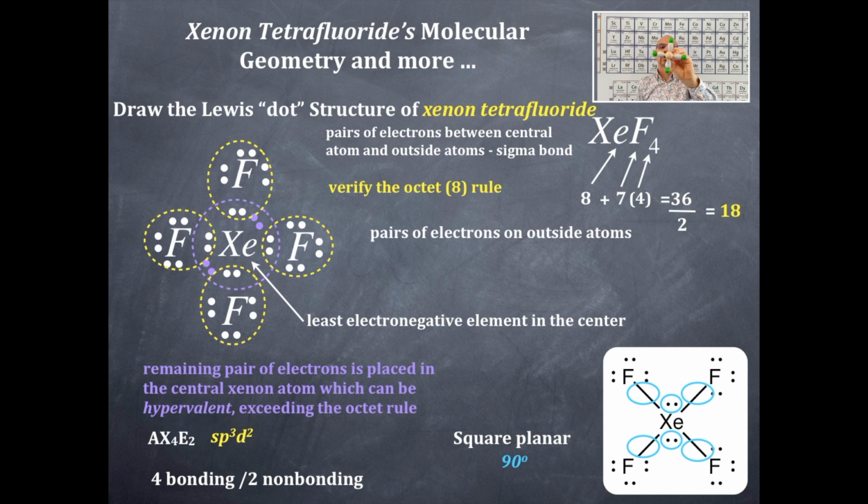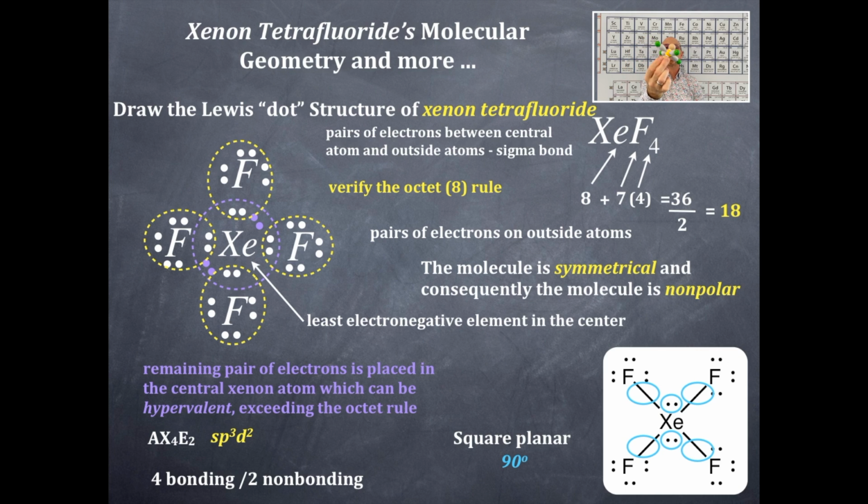That is the second question that must be satisfied in order for this to be polar. And this is symmetrical because all the fluorines, the green things, are the same, and these lone pairs of electrons are opposite each other, making it symmetrical. So that means that this molecule here is non-polar. Yes, that is right. Lone pairs on the central region, and it makes it non-polar. Very unusual, just like a linear structure with the 5-domain structure that we had talked about before.